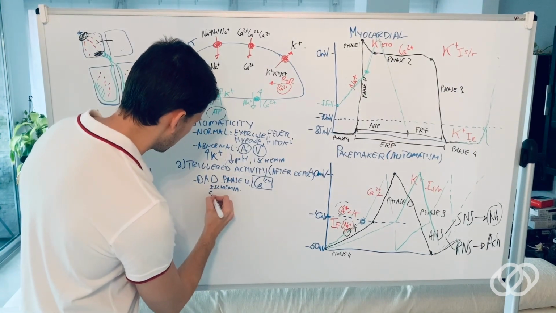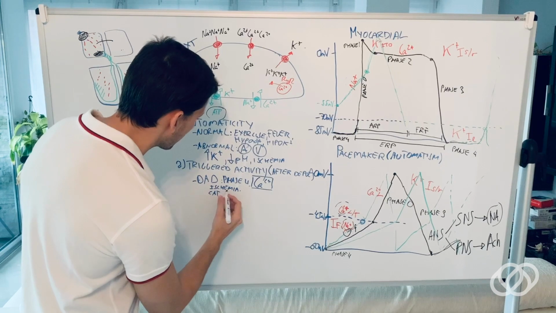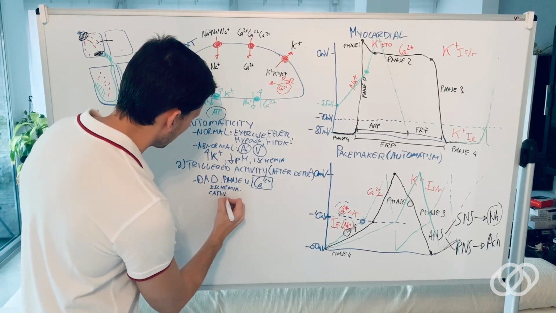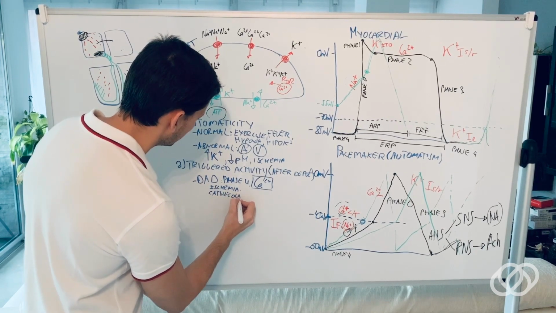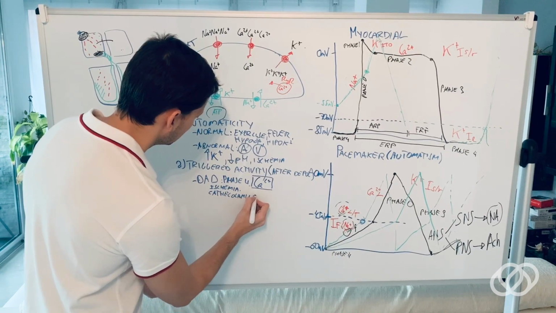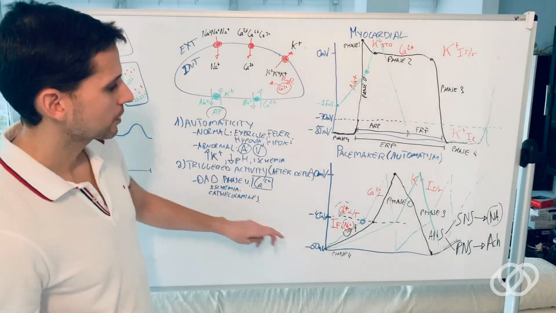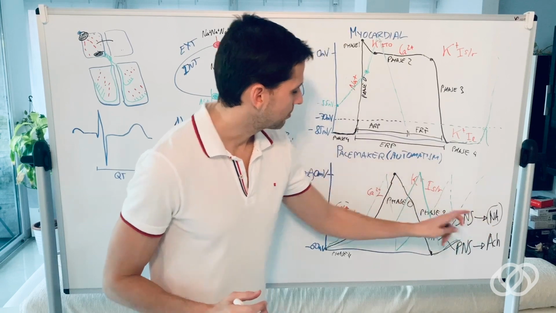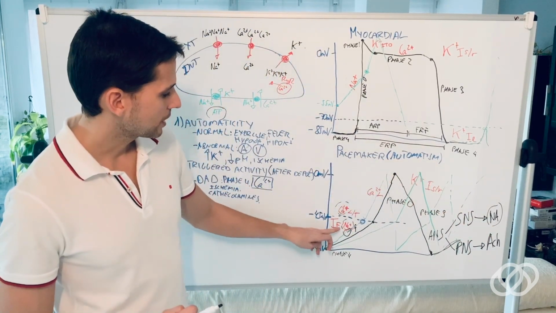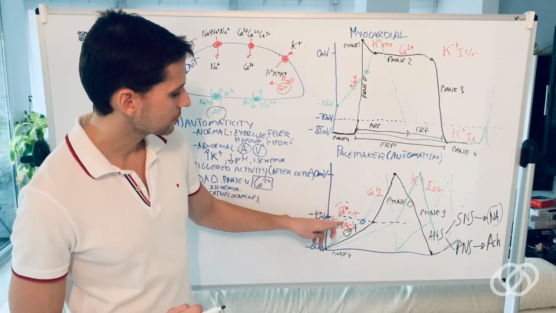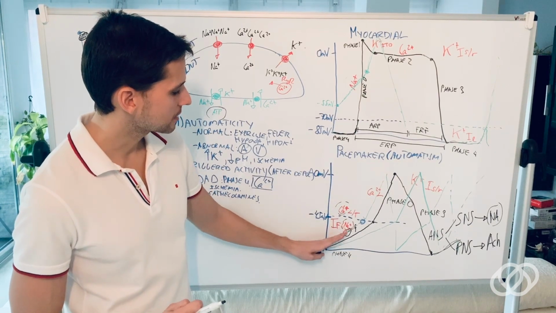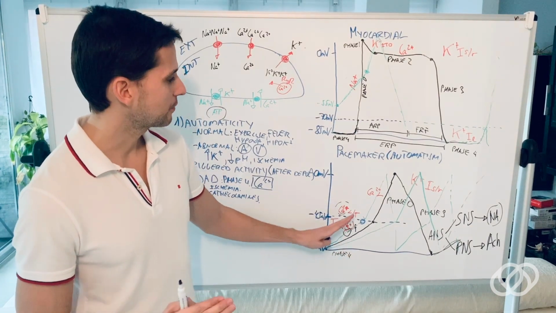Also, a situation where we have a lot of catecholamines. As we have seen before, the catecholamines in the pacemaker cells usually increase the entrance of calcium and sodium and increase the slope, increasing the firing rate.